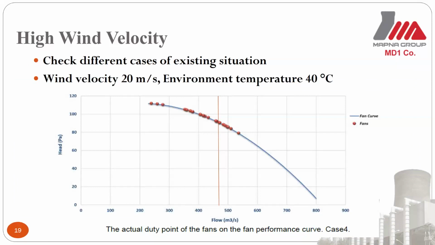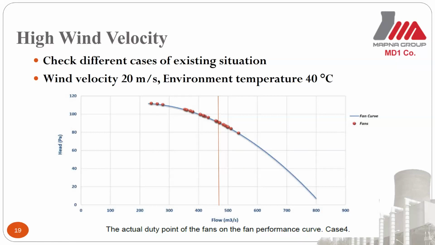This graph shows the actual duty point of all fans on the fan performance curve, while the design duty of fan flow rate is 490 cubic meters per second, as you can see by the red line. At the left side of this line, some fans are operating close to the stall line.